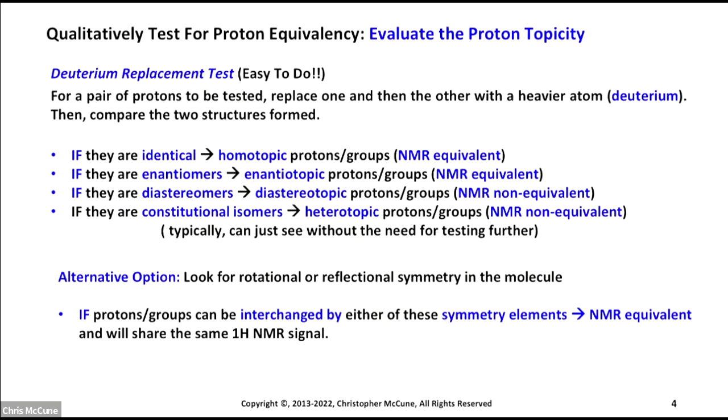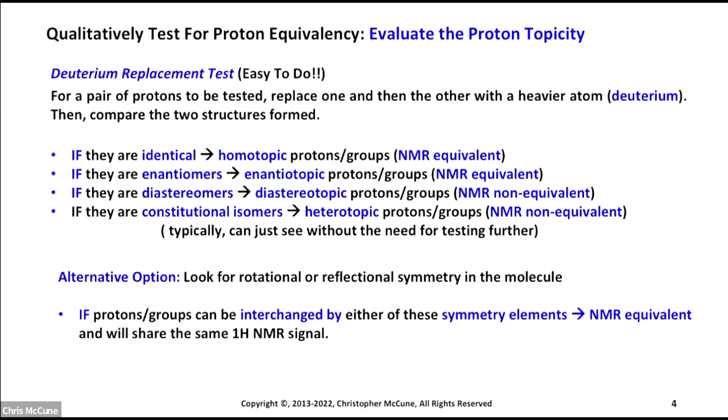Or excuse me, diastereotopic groups or protons. So you can have diastereotopic groups and nonetheless, they're going to be NMR non-equivalent. If they are just constitutional isomers, those are probably heterotopic type, and those are going to be NMR non-equivalent.